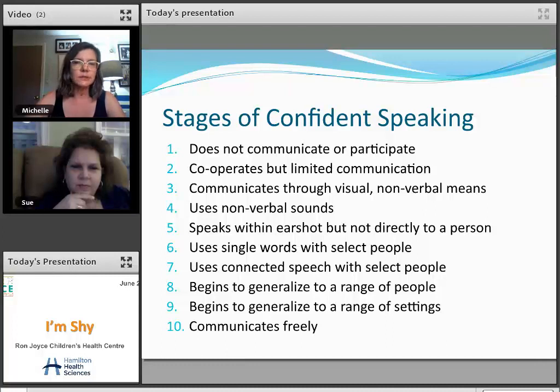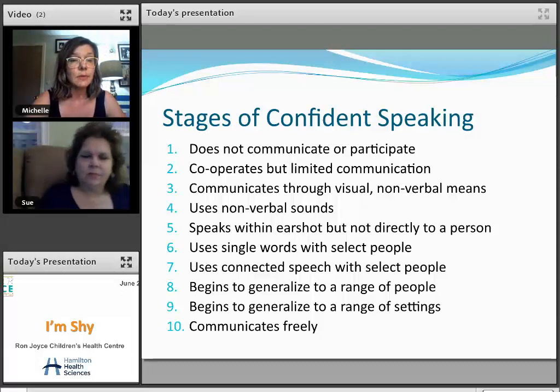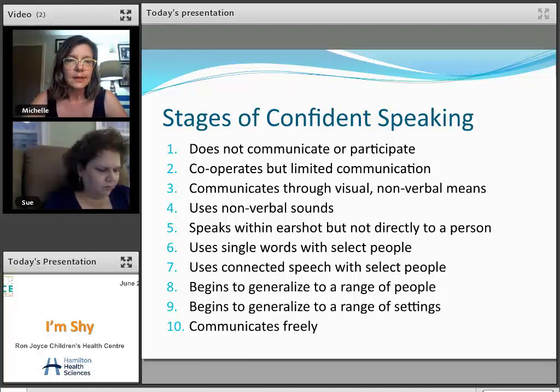So these are the stages of confident speaking. You can take a look and see, this may be something that you have to ask the teacher, and again, they may have a different sense of what you're seeing. Number one, the lowest, is not being able to communicate or participate at all. Two would be cooperate but limited communication. Three communicates through visual and nonverbal means.